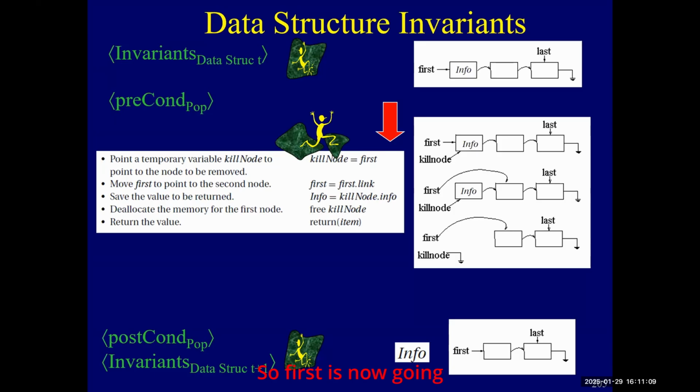So first is now going to point where first link is pointing, moves you along. And then we take the information out of the node we're killing, right? Then we free up the node, which in Java you don't have to do. And then you return the item. Oh, there's a bug in here too, since this is info and this is item. Everybody good?